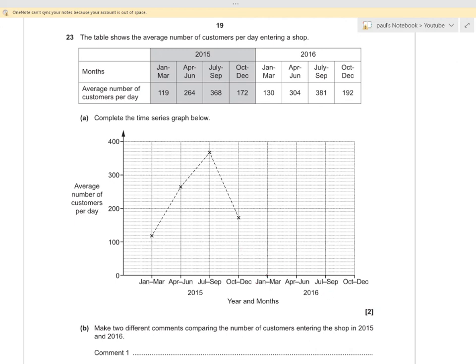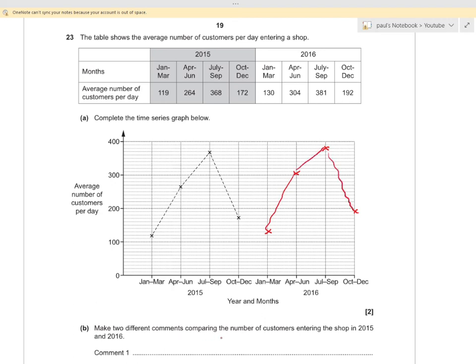January to March is 130. April to June is 304. July to September is 381. And October to December is 192.